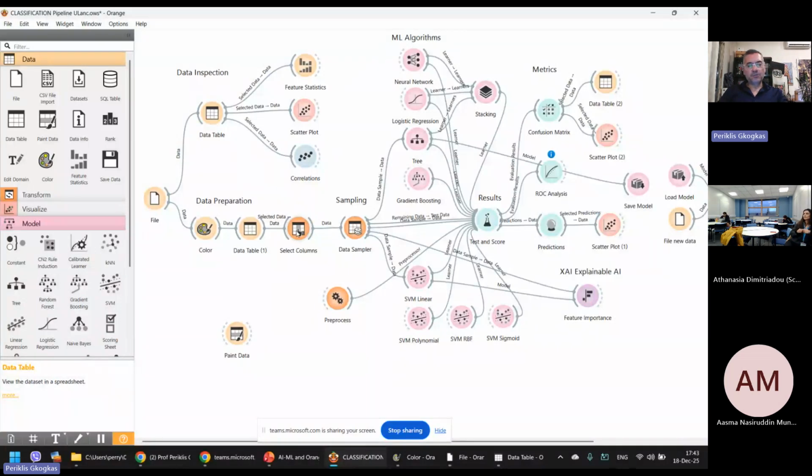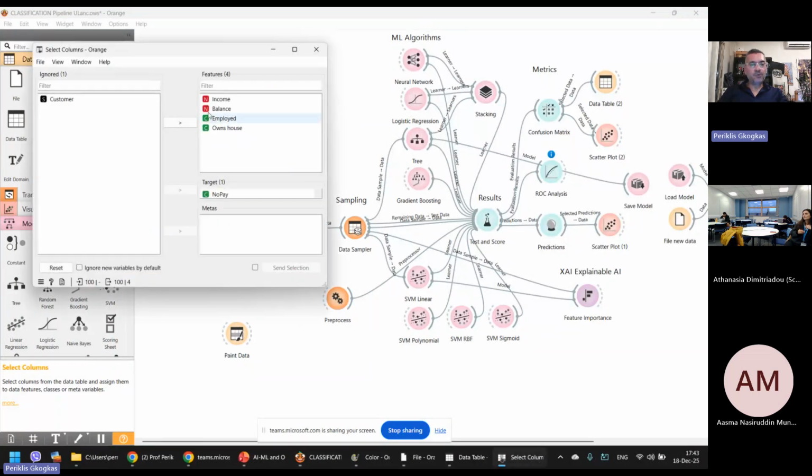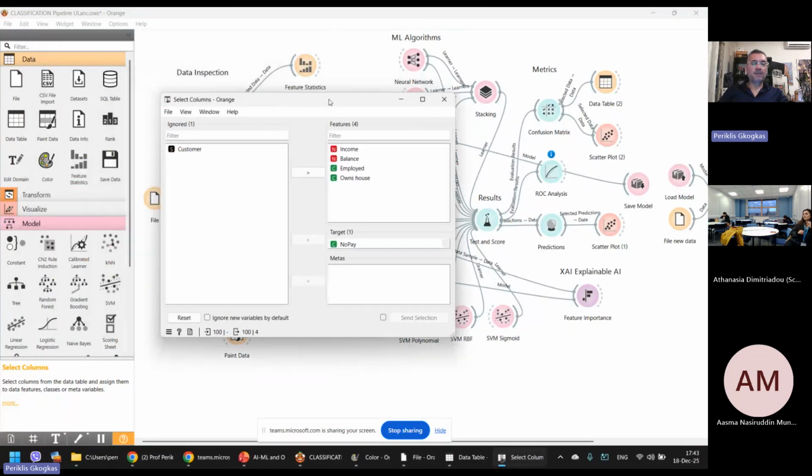This is an important node now, the select columns node. When you double click, you get all the variables, and automatically Orange tries to understand which one is the target variable, which ones are the feature independent variables, and which of the original variables are just meta variables or just informative variables that are not going to be used in the training process.